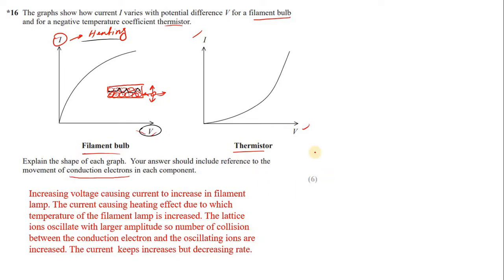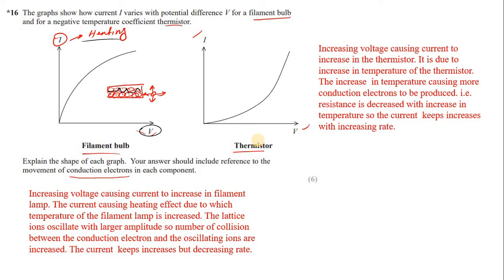So the amount of charge increases, and current increases. That's why more current flows through the thermistor, so resistance is decreased. That's why we have an upward curve due to decreasing resistance for the thermistor. That's how you can write about the thermistor.